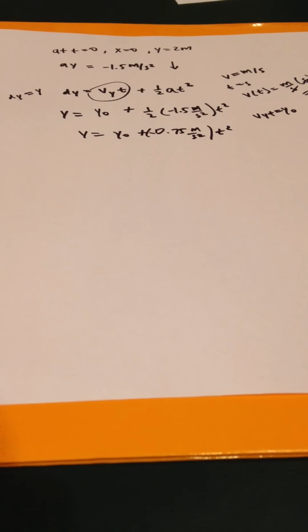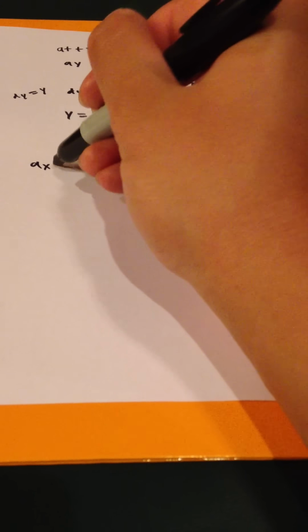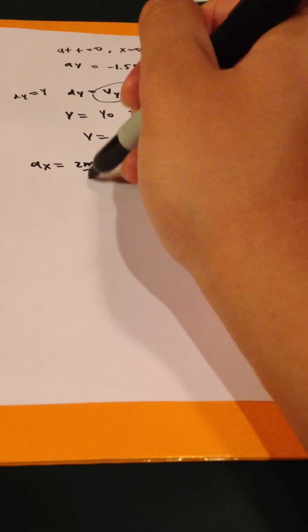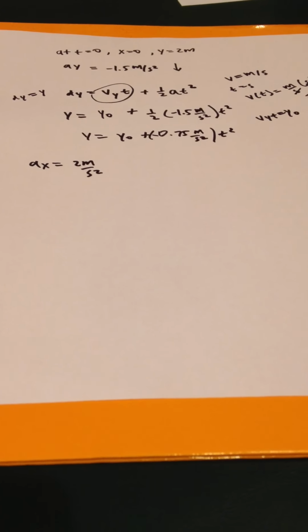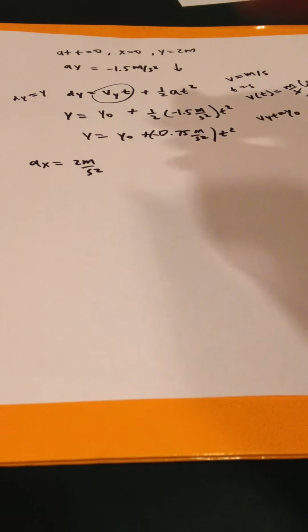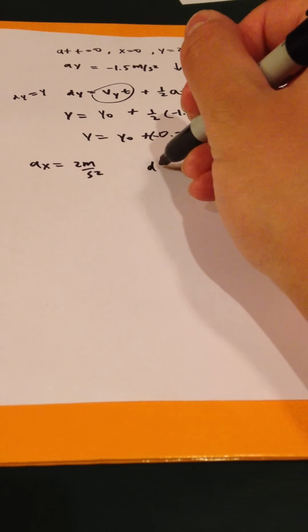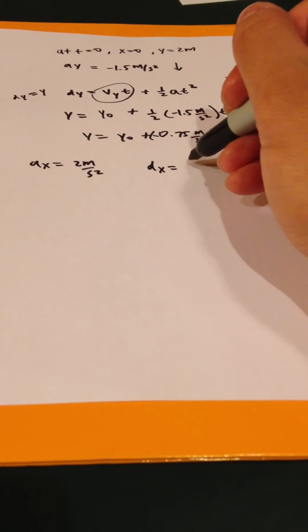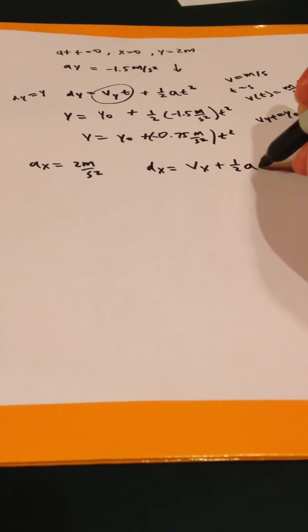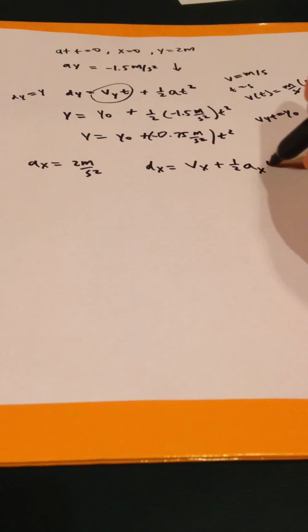Let's apply this for the horizontal direction. We have our horizontal acceleration is equal to 2 meters per second squared, and the distance in the x direction is equal to the x velocity times time plus 1/2 times the acceleration in the x direction times the time squared.